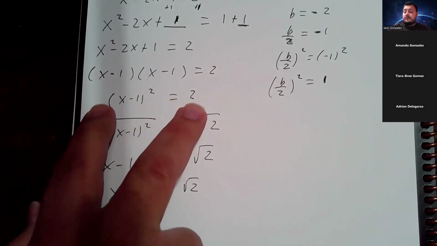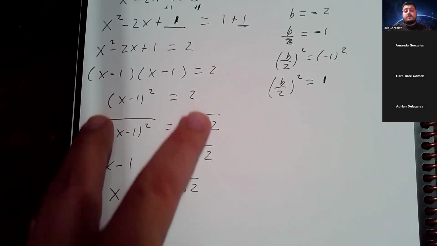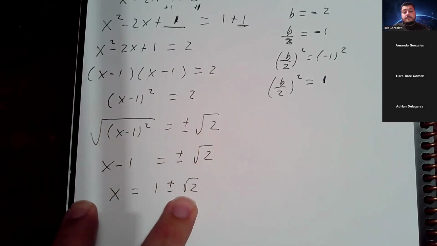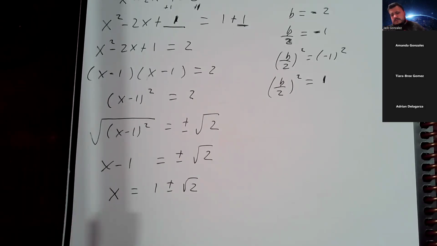But once we got there, we're like, hey, we can still square root both sides to solve for x. If we were just completing the square for fun and not solving anything, it would be a little bit different, which we did in the notes. Remember, we had a bunch of examples where we just completed the square to learn how to do it, and then we applied it to something like this to solve something.